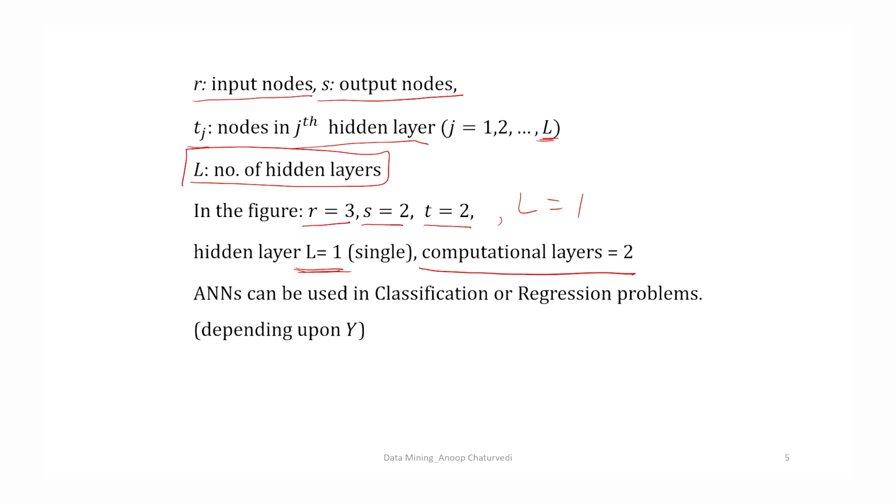Further, artificial neural networks can be used in classification or regression problems. So, ultimately it depends upon the value of y. Say if y is continuous, then it is a regression problem. If y takes discrete values, say suppose y takes binary values, then it is a classification problem.